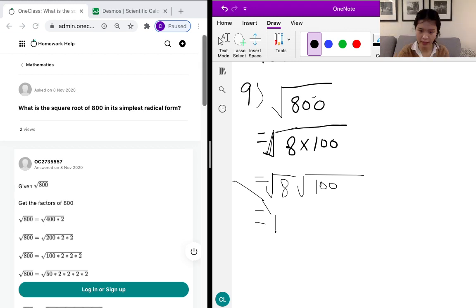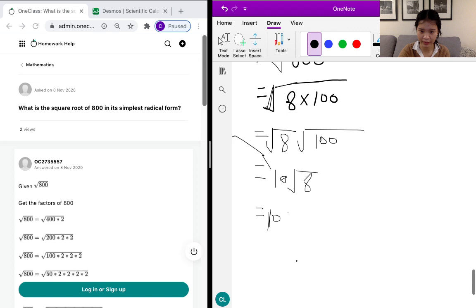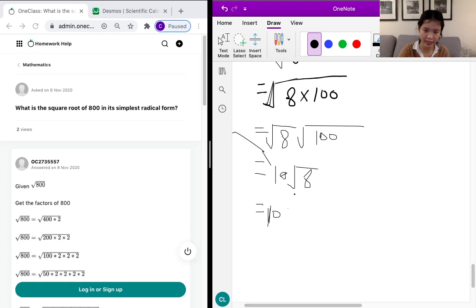It's 10 root 8. And we know that root 8 can be further simplified because root 8 is not prime. We always need to check whether the number inside the square root is prime or not, because if it's not prime, there's possibly a simplification that can be done.